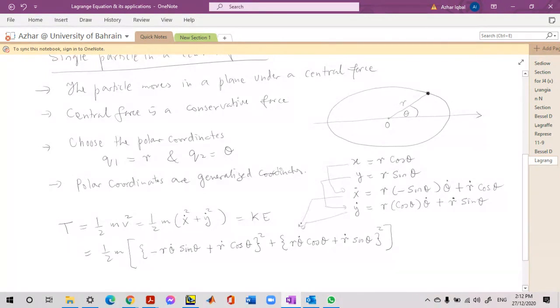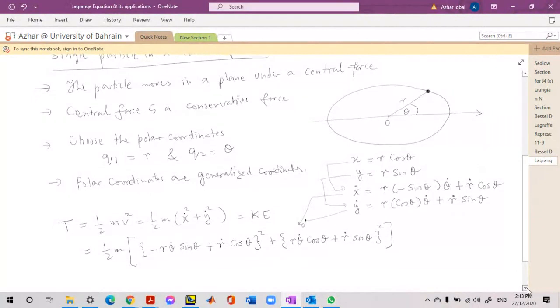Now if I expand these squares, what do I get?